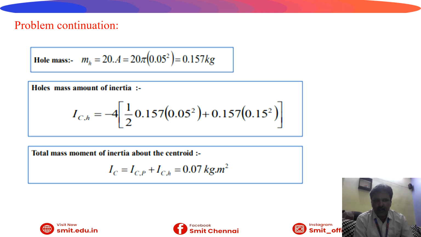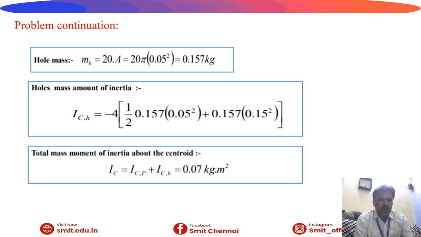Then the hole mass m_H is equal to 20 into A. Again we are finding the hole mass, that is 20 into pi into 0.05 the whole squared, which is equal to 0.157 kg. Then the holes' mass moment of inertia I_CH is equal to minus 4 into (1/2 into 0.157 into 0.05 squared plus 0.157 into 0.15 squared).